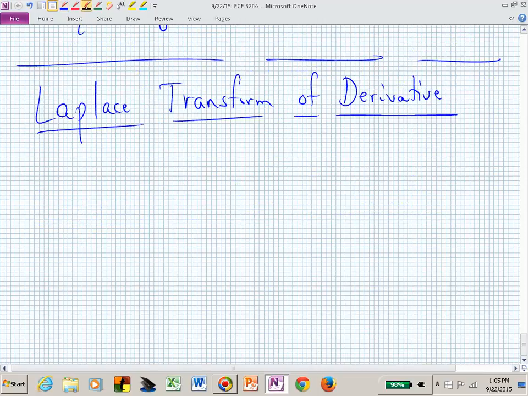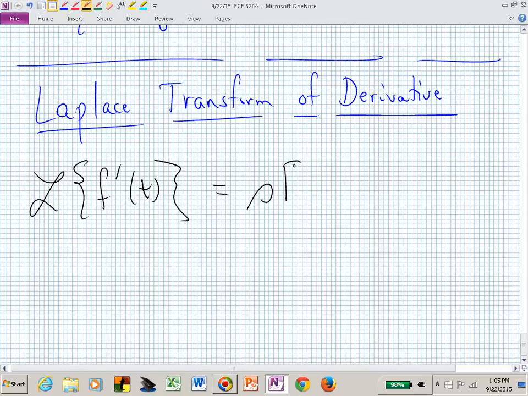What we're wanting to do now is Laplace transform the derivative of f. And actually, let me just write that down. That's s, the complex frequency variable, times the Laplace transform of f of t minus the little f evaluated at 0 minus.